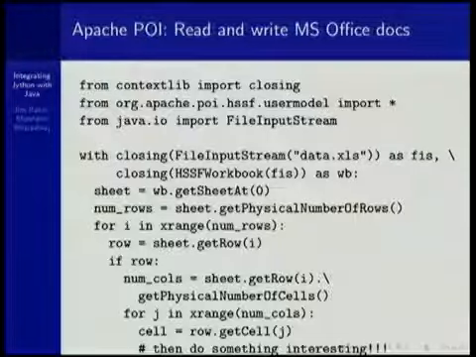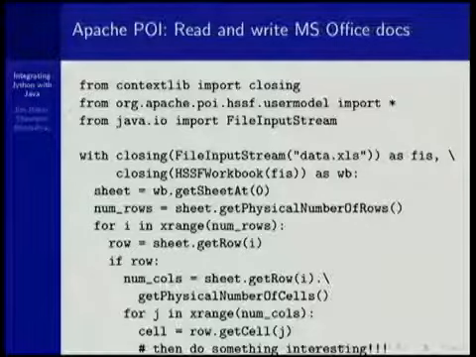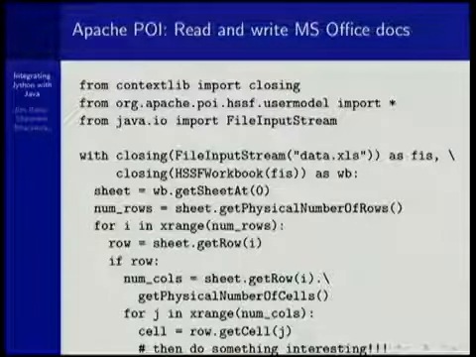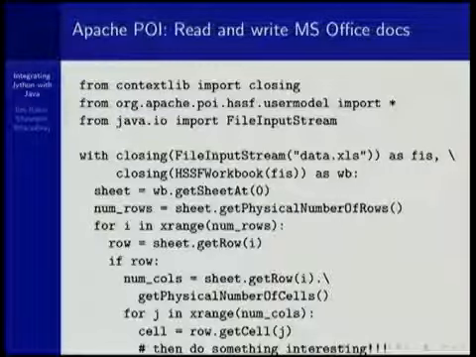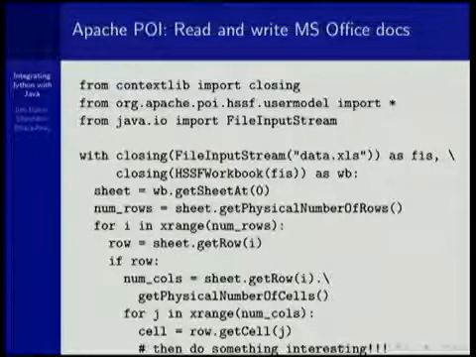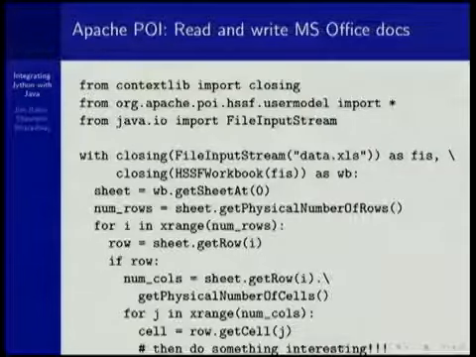This is a classic example of code you don't want to think about having to write, something like Apache POI, which allows you to read and write Microsoft Office documents. A good example of why you would want to do this is if you're looking at some vast trove of docs and you say, hey, I have all these Excel spreadsheets, I want to bring them into some new system.